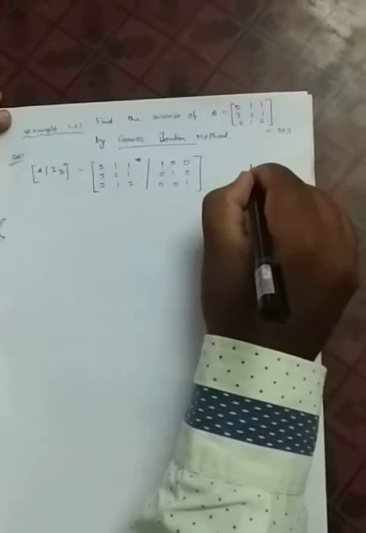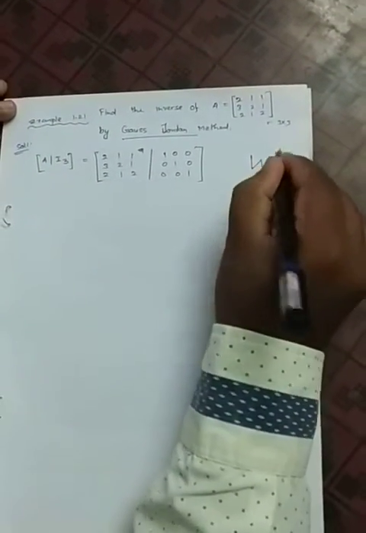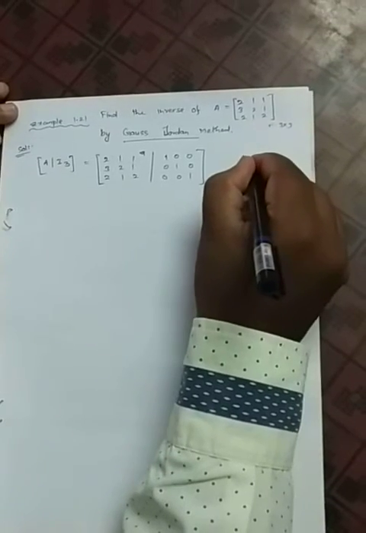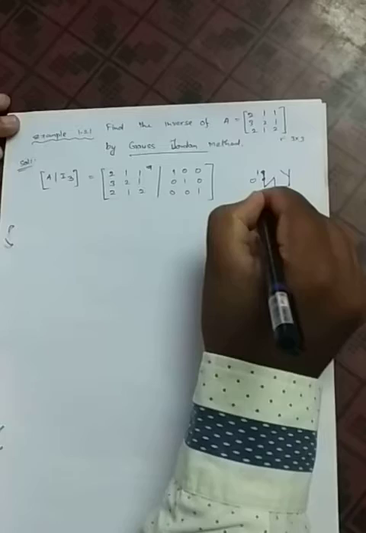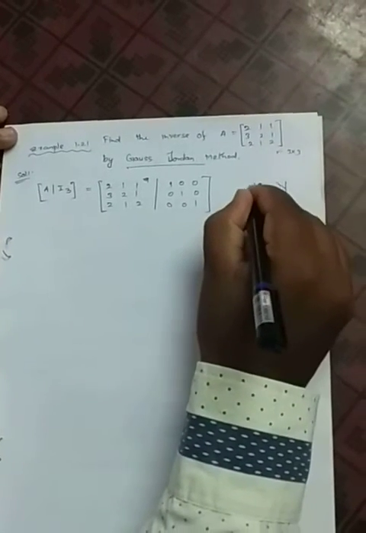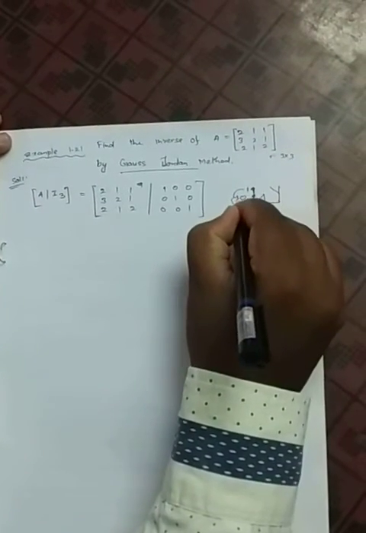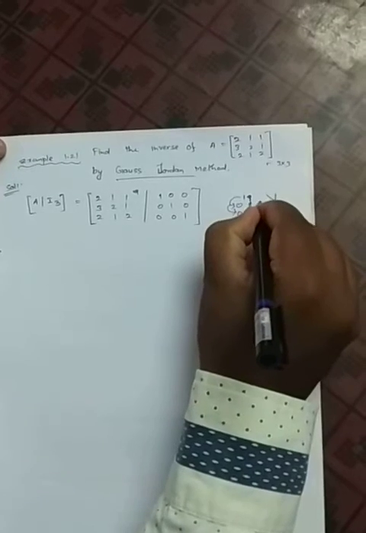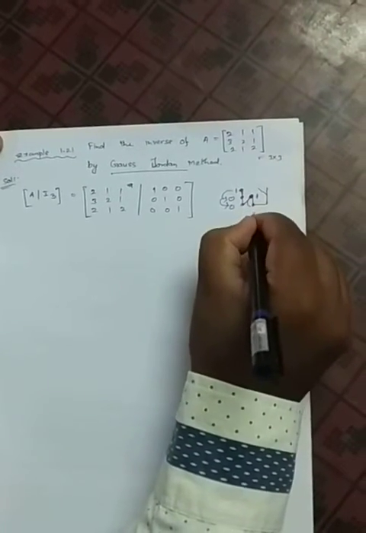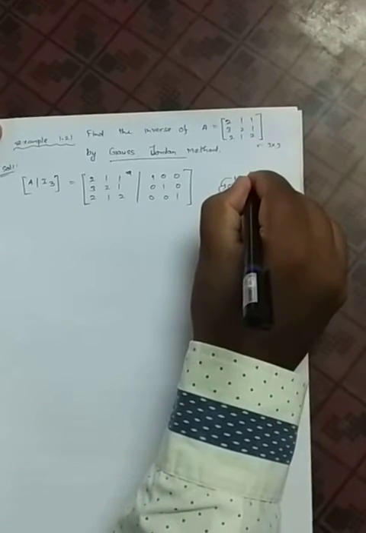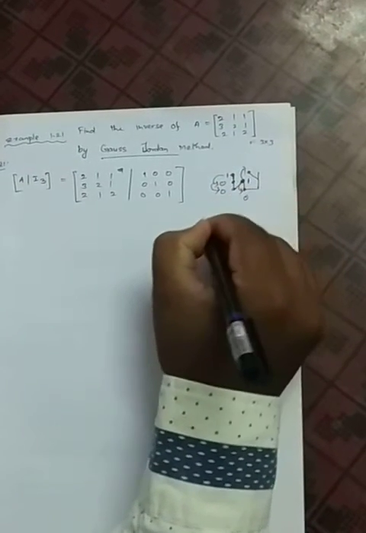I told you, make a ya shape. This position should be 1, and then this should be 0 and this should be 0. Make use of this one to make this 2 a 0. After this, make this a 1 and make this a 0, or you can make this a 0. This 2 you apply to get the 0.